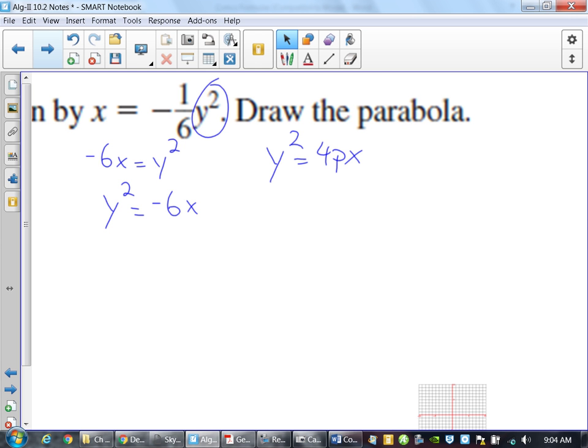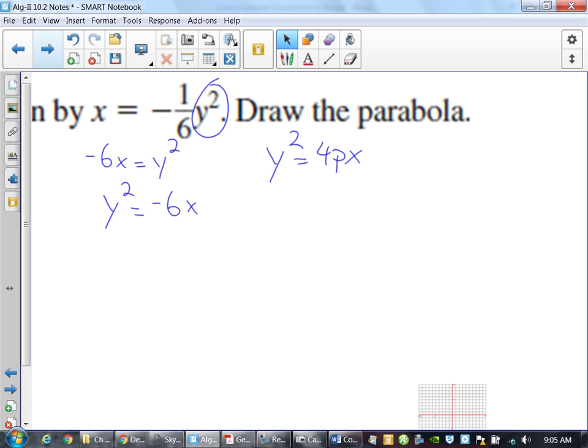What direction is this opening? Down, no, wait, no. Right. It's a y squared parabola. So it's opening left because this is negative. So here's what I'm always going to do. I'm going to ask that question first. With every one of the conics that we're looking at, the one thing we're going to be able to tell right away is what direction they're opening.